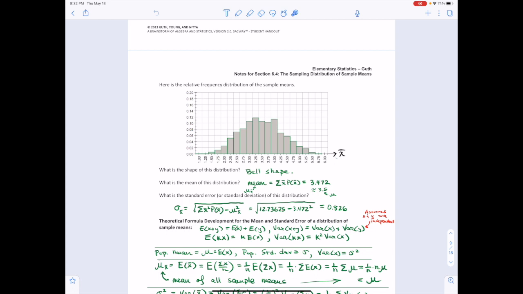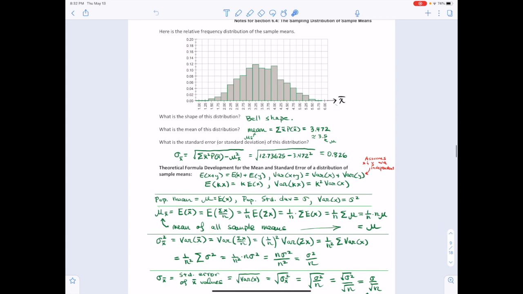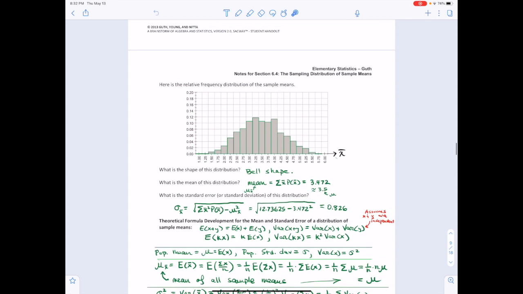Now, there are rules about when it's bell-shaped, and we'll talk about that just to remind you. But remember, when it comes to distributions, we always are worried about 3 things: the center, the shape, and the spread. I think we have the shape down. The real rule is you need to have more than 30 in your sample.